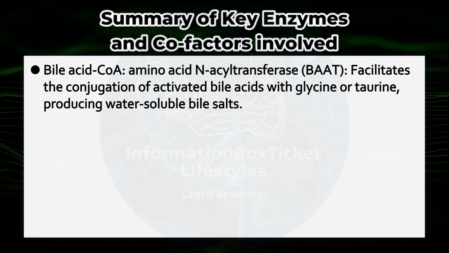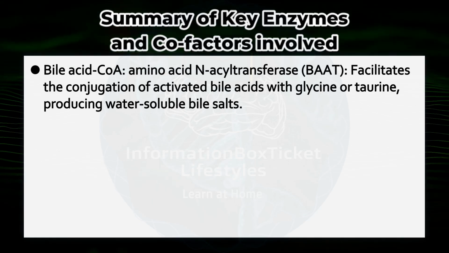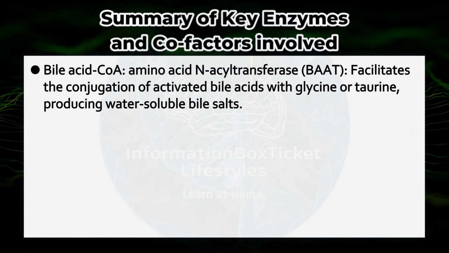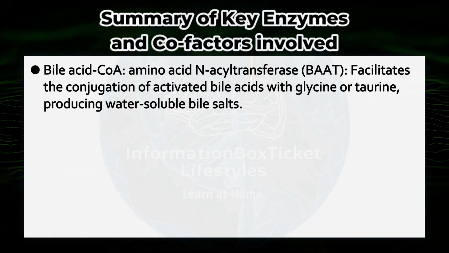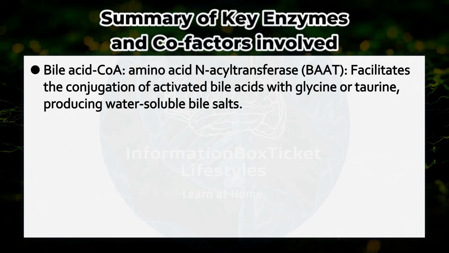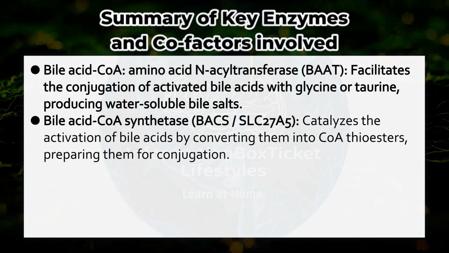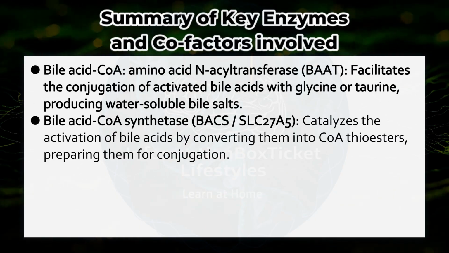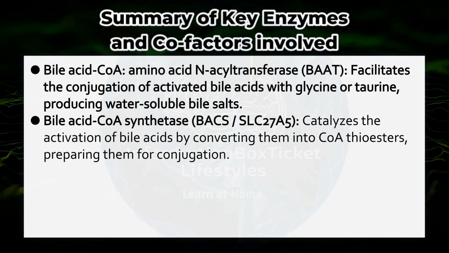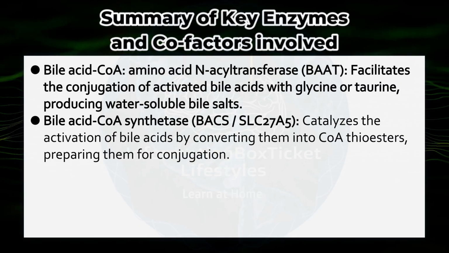Secondary hydroxylases, for example, sterol 27 hydroxylase, CYP27A1, function in both the classical and alternative acidic pathways, contributing to side chain oxidation and modification. Bile acid CoA synthetase, BACS/SLC27A5, catalyzes the activation of bile acids by converting them into CoA thioesters, preparing them for conjugation.